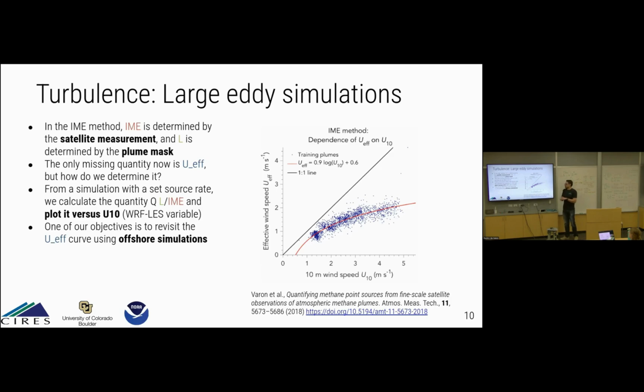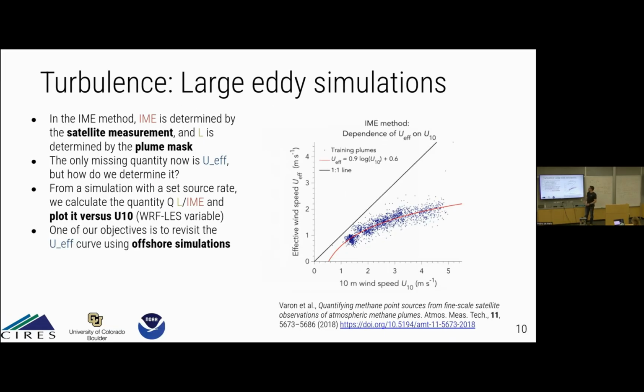So from a bunch of points, what you can do is at each time step, get what U10 was, the 10-meter wind speed at the source location, and get what this quantity here, which is the effective wind speed, was for your particular plume. And then you can have a scatter plot like this and fit a curve through your points.